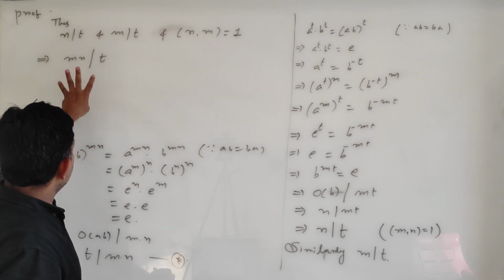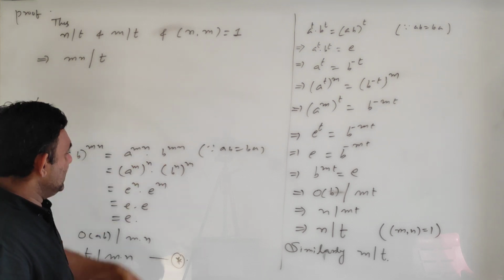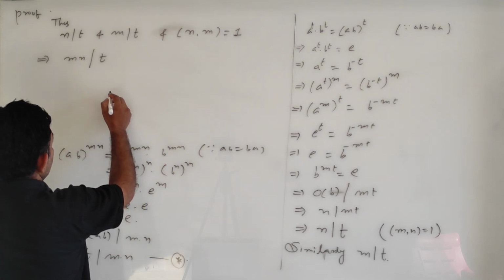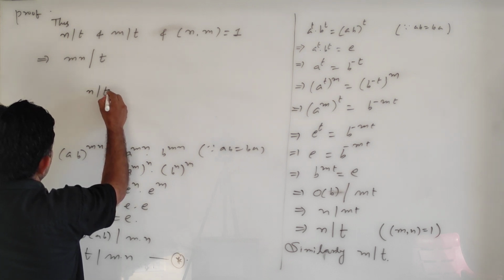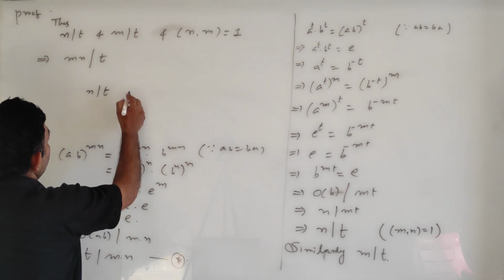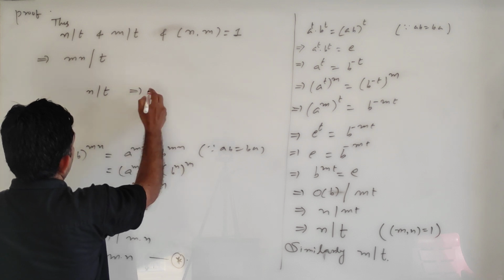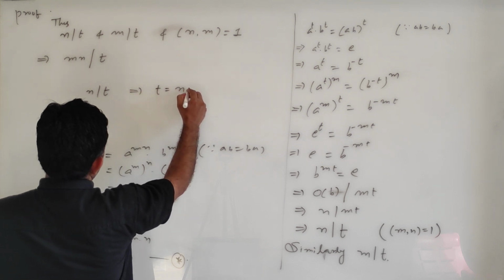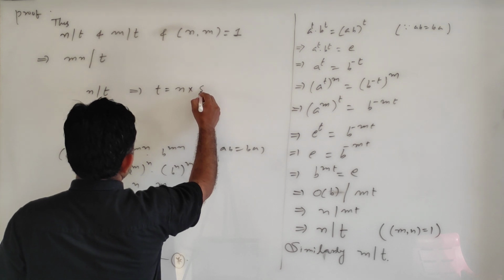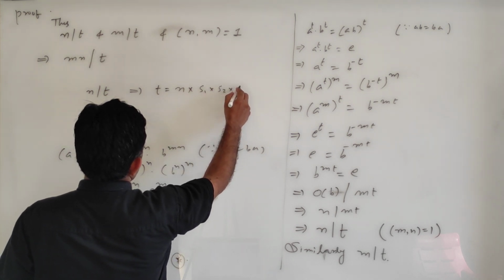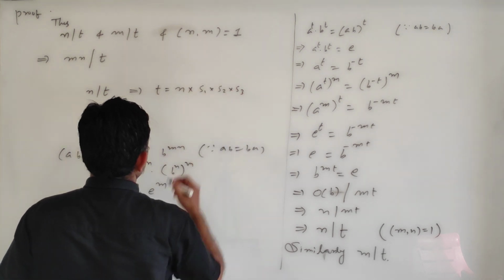Let me illustrate this by one example. Suppose n divides t. It means t is equal to n into something, say s1 into s2 into s3.